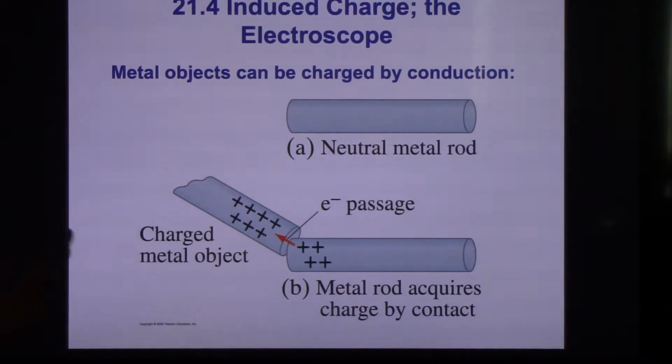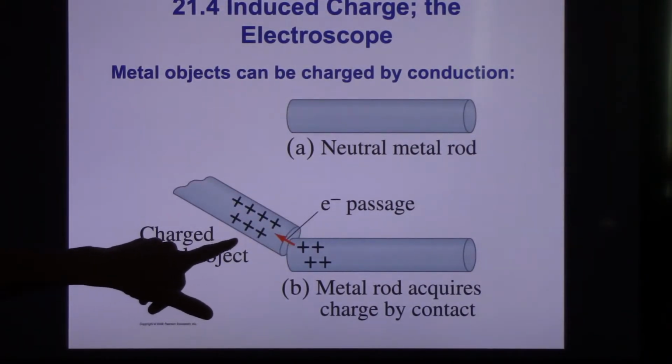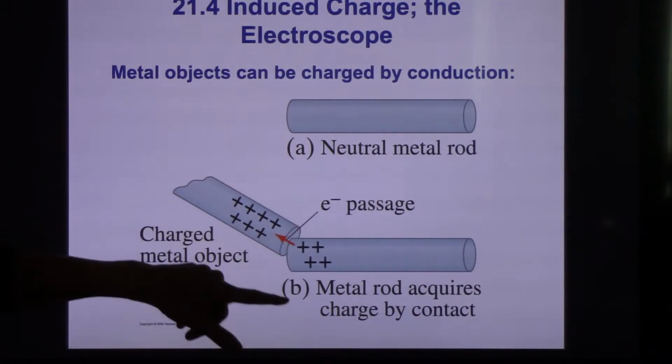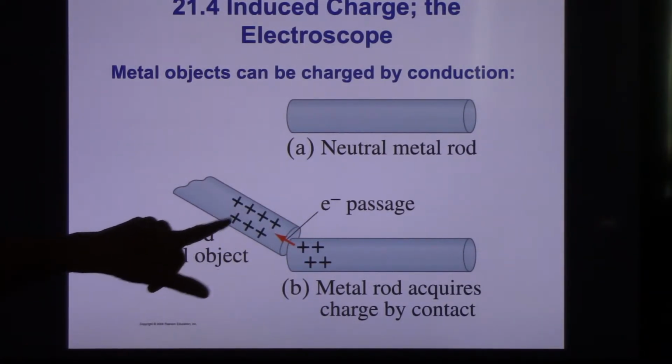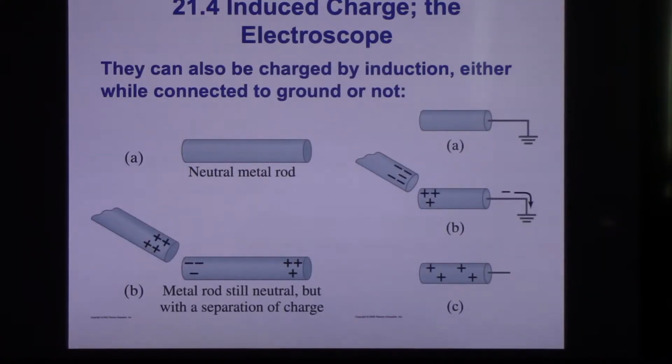Now, with objects, you can take something that's neutral, and if you bring something that's positive nearby, they're saying this is metal, so it's a conductor. You can get some of the electrons to transfer over, and you can charge things by getting the electrons to transfer. Now, here's a trick.